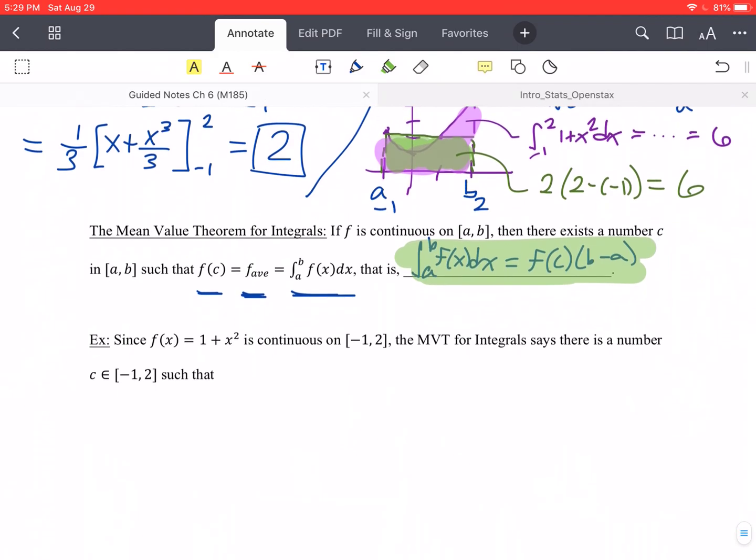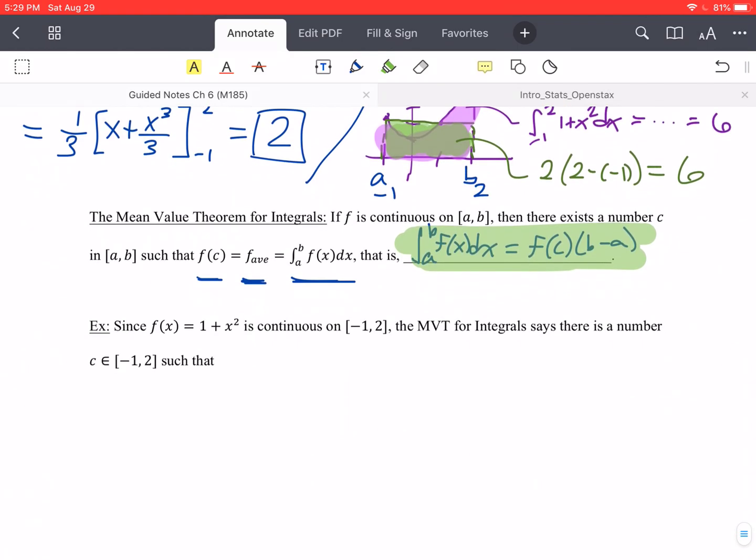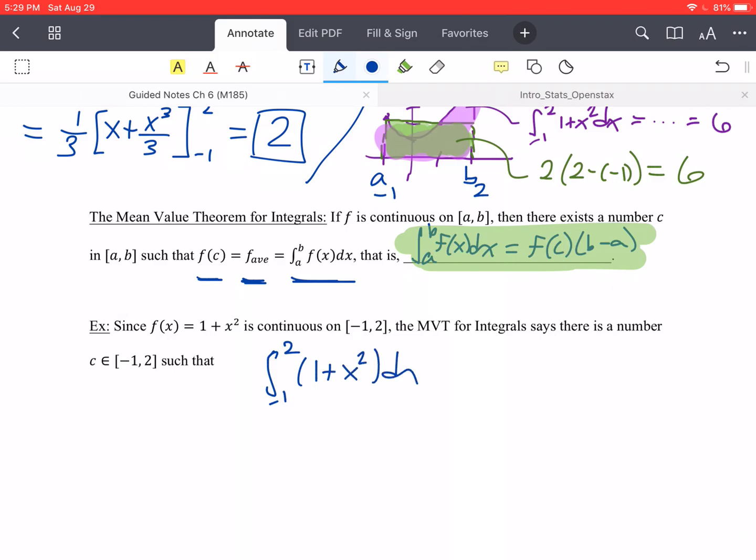So let's look at an example of this. We're going to deal with the example we just worked on. Since 1 plus x squared is continuous on the interval from -1 to 2, the mean value theorem for integrals says there must be a number c on the interval from -1 to 2 such that the integral from -1 to 2 of 1 plus x squared dx must be equal to f of c times 2 minus -1.